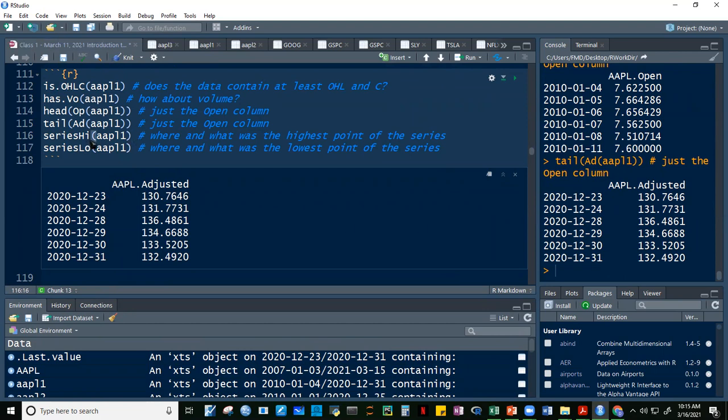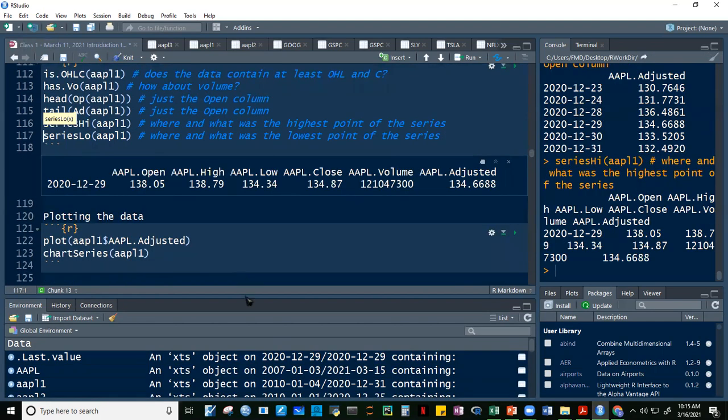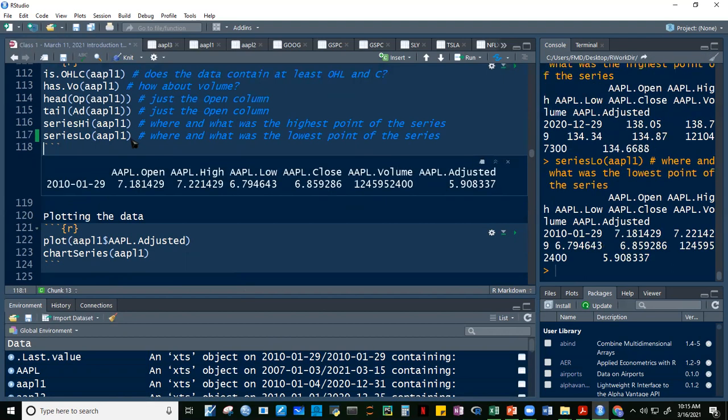Okay, and then series high, series low, it tells us when it happened and what was the highest point of the series. So we know that the highest value of your Apple 1 was on December 29. Its high is 138 and the lowest was on January 29, 2010.